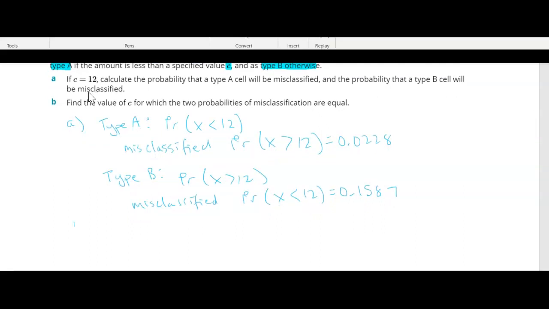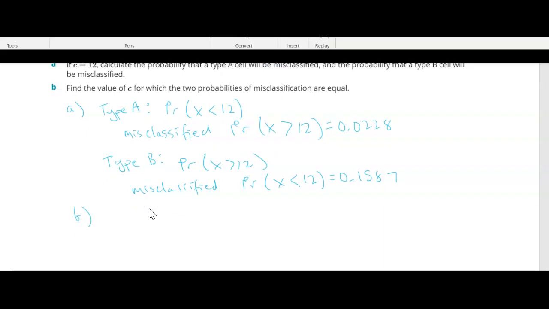Oh gosh. All right, so very tricky question, part B. We want to find the value of C for which the two probabilities of misclassification are equal. Oh, don't tell me everything's going to die on me. Let's just see how we go.